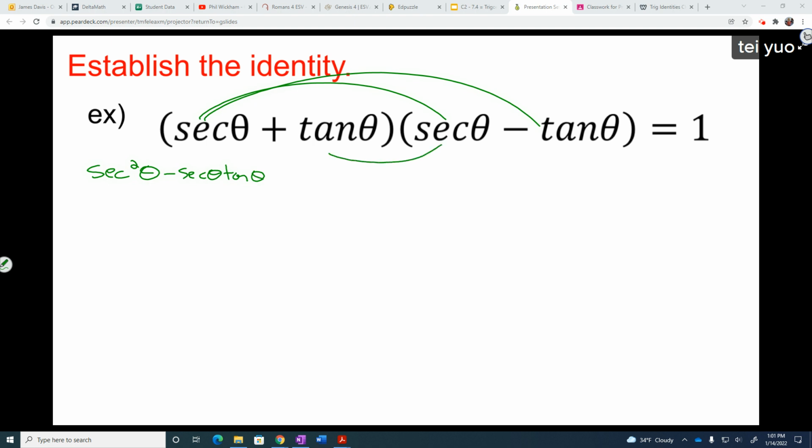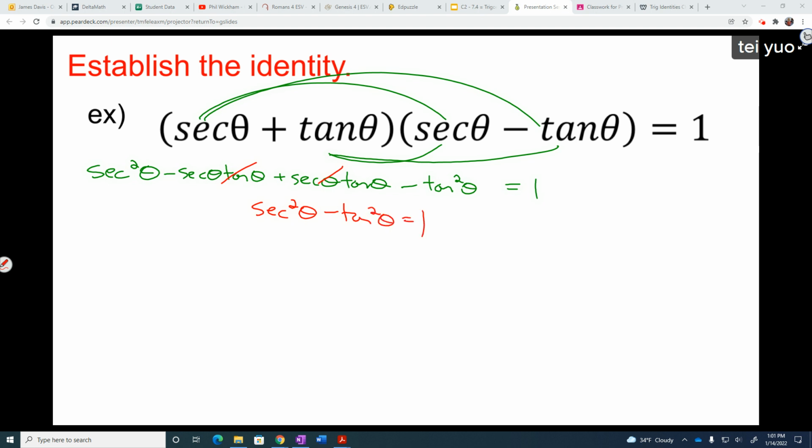Our inner is going to be a plus tan times secant, but you can just write it as secant tan. You can change the order there. And then last will be a minus tan squared equals 1. So again, we get a nice cancellation there. Secant squared theta minus tan squared theta is 1.